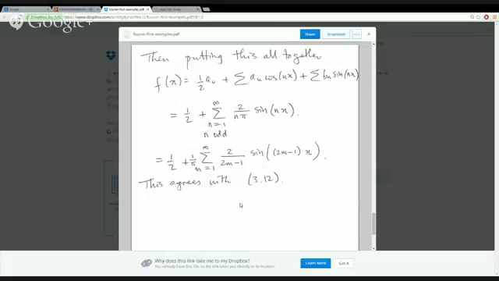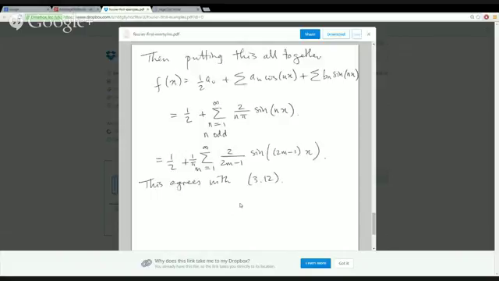The sum over m of 2 over 2m minus 1, times the sine of (2m minus 1) times x, where m goes from 1 to infinity. So it's the constant a half plus this infinite summation of sine functions.